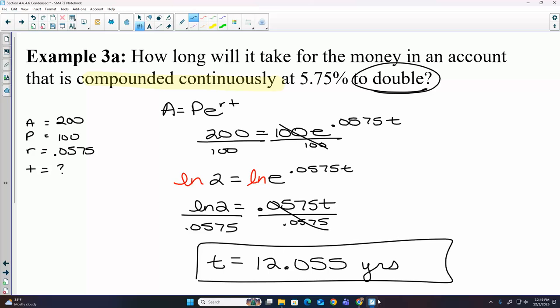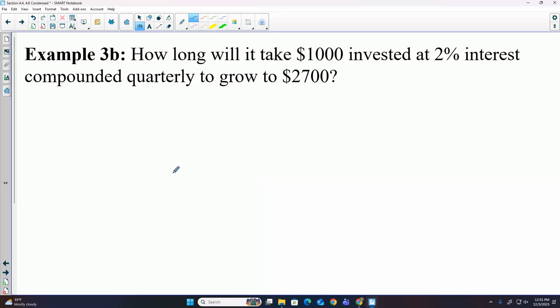I want you to take a minute and read the next problem and see if you can set it up. So let's take a look. How long will it take $1,000 invested at 2% interest compounded quarterly to grow to 2,700?